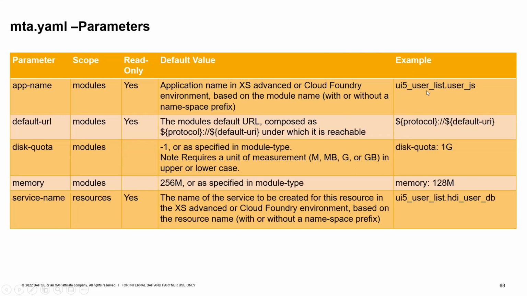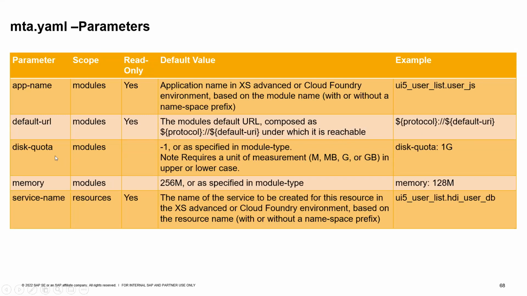Then this is an example of that. Then we can have default URL, and the default value is again the module's default URL, which is composed as HTTP on the protocol, then the default-uri under which it is reachable.